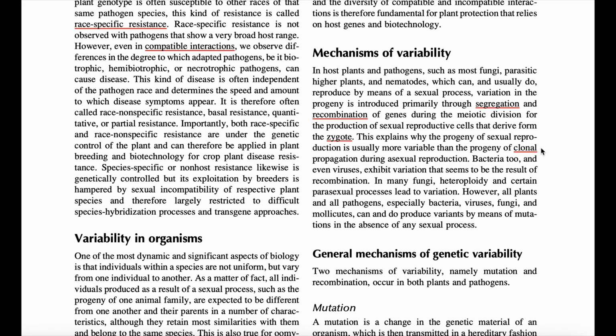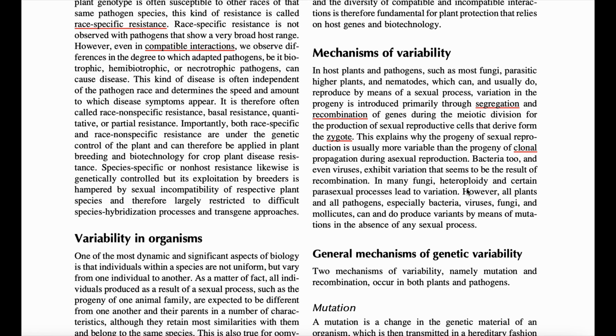Means photocopy, right? Whereas in sexual reproduction, there is segregation, recombination of genes, addition, deletion, mutation, so many things that happen. So there is a high chance of variability. In bacteria too, and even viruses, exhibit variation that seems to be the result of recombination.